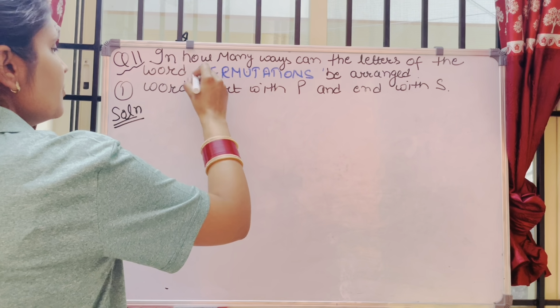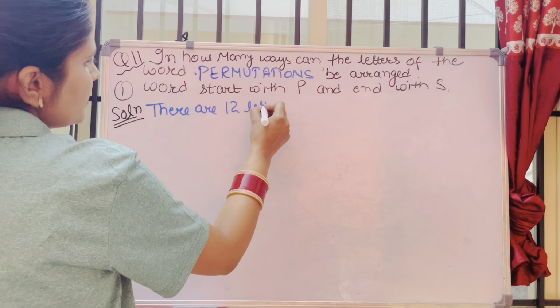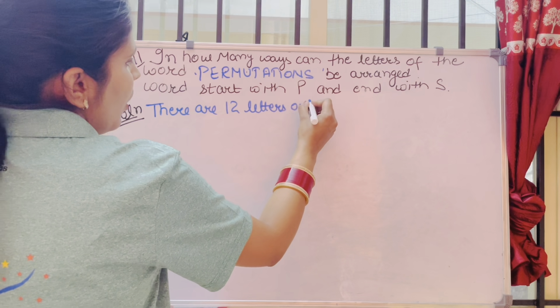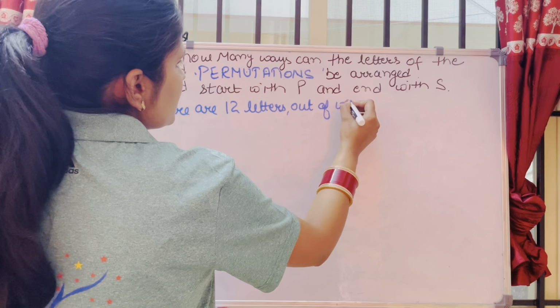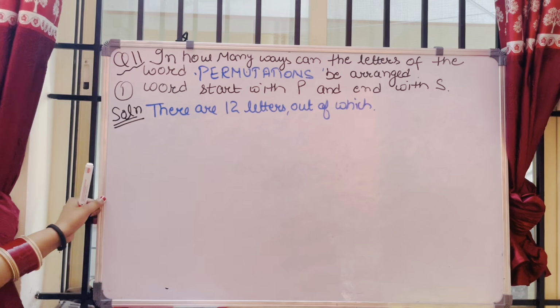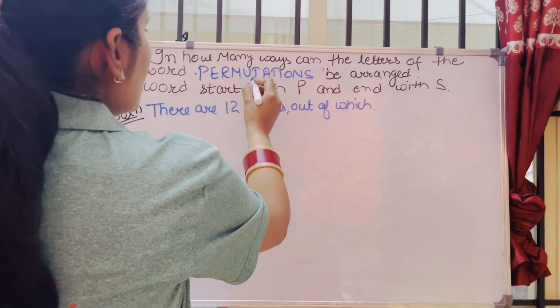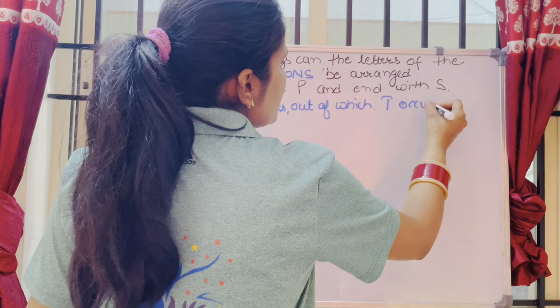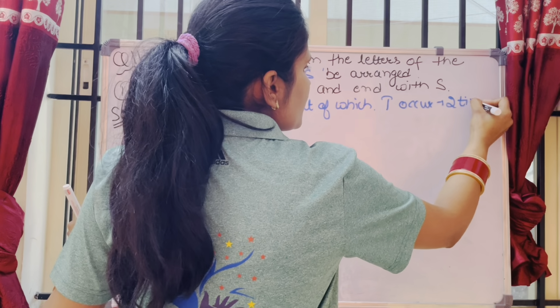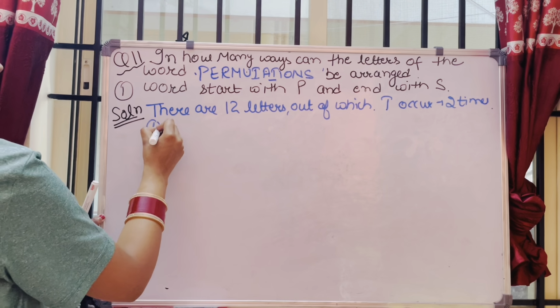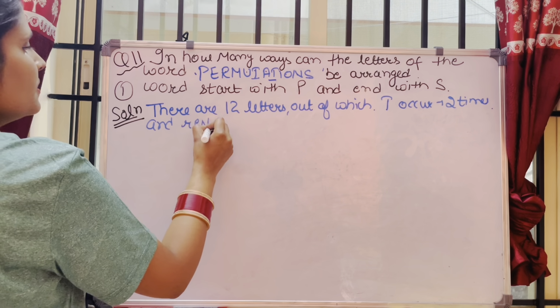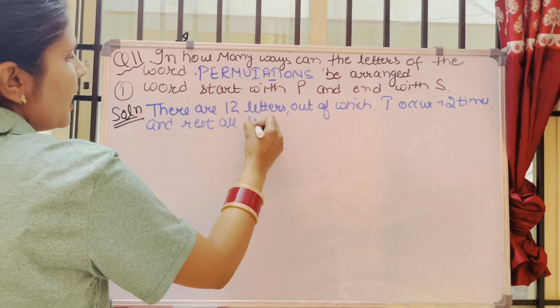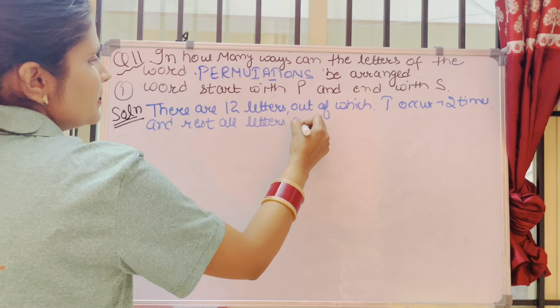So there are 12 letters, out of which T occurs 2 times and the rest of the letters are different.